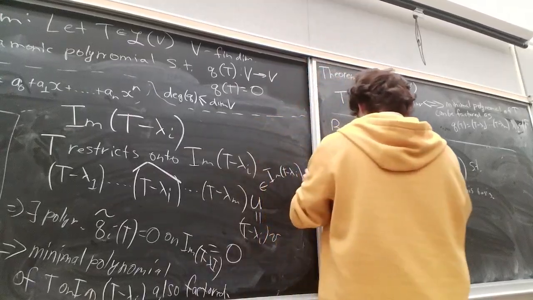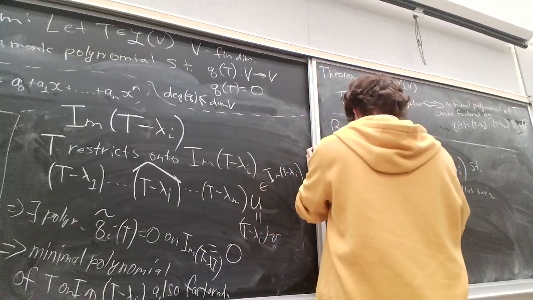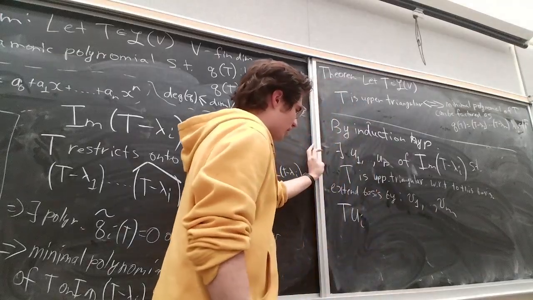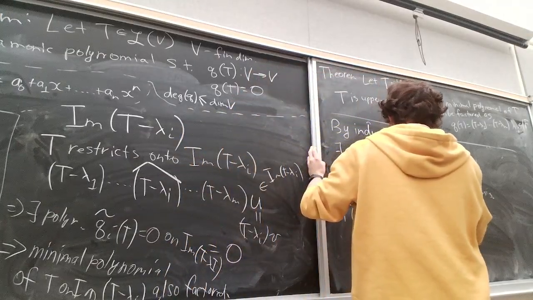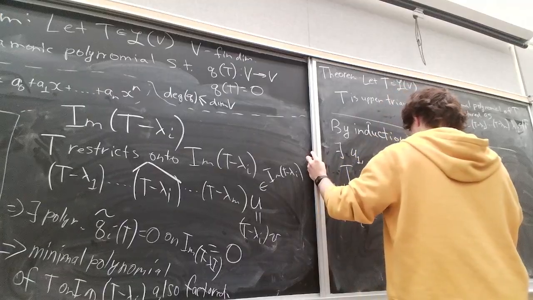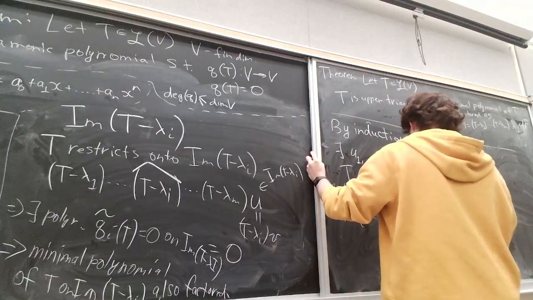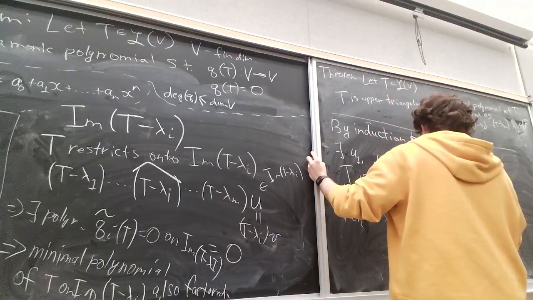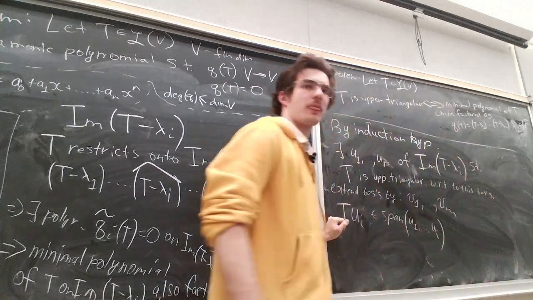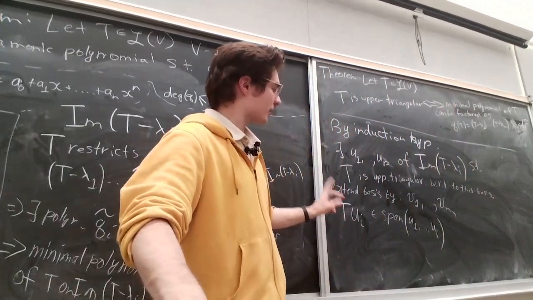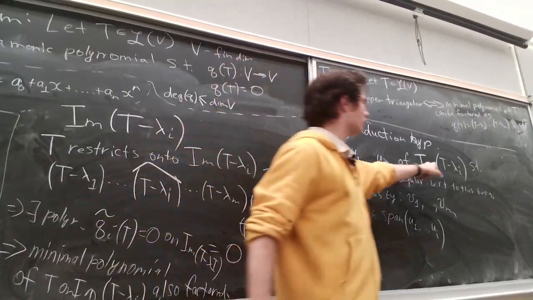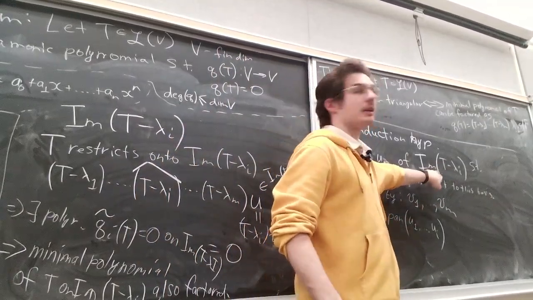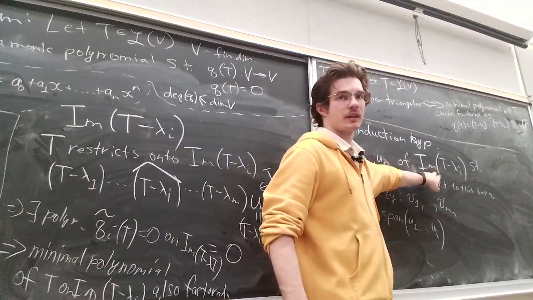Let's just compute it. Let's do T of UI, and I want to show that this is in the span of U1 up to UI. But this is clear. Why? Because we said that T restricts onto this subspace, so T sends vectors from here to here. Do you agree? That's what we said.